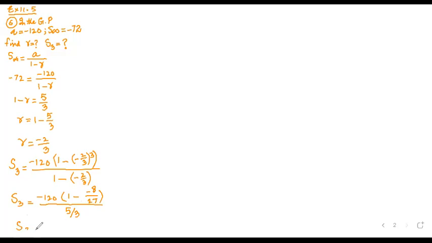This will become equal to 3 upon 5 times minus 120 times 35 upon 27.